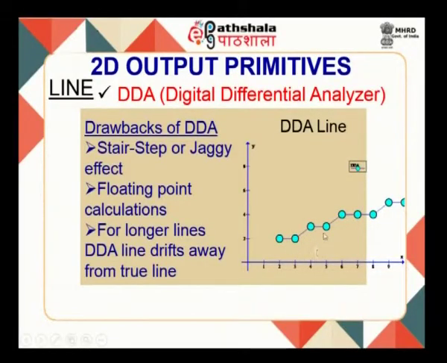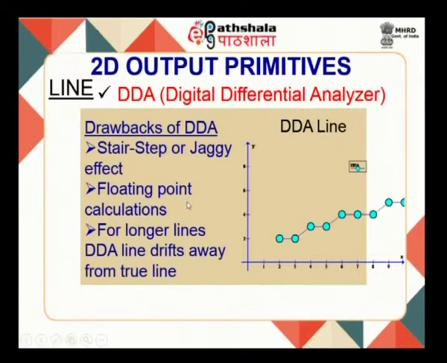This kind of points that we get because of the DDA procedure, because of rounding off, is called a stair step or jaggy effect, which we do not like, or which is not appealing for a typical line. So that is one drawback.